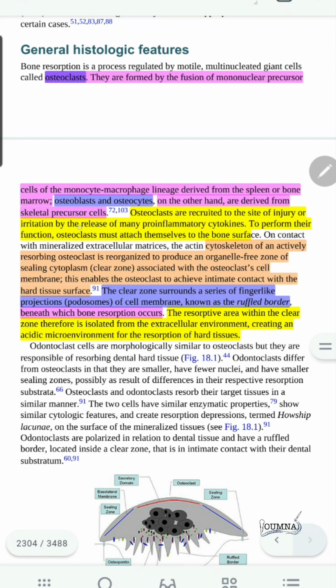On the contrary, the osteoblasts and the osteocytes are derived from skeletal precursor cells, which means that the osteoclast can be stimulated to come to the injury site in the same manner as other immune cells like the macrophages and the dendritic cells. The macrophages and others attack the foreign bodies and the bacteria.